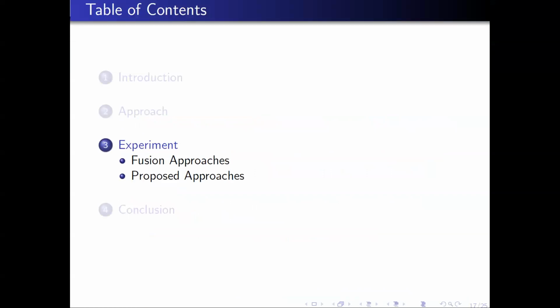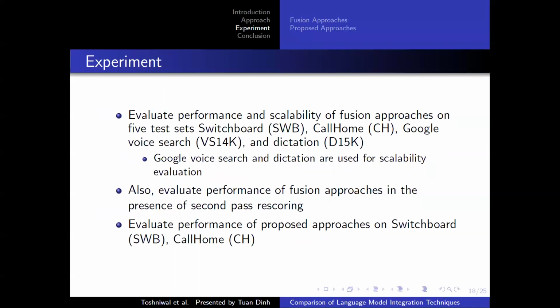In this section, we present results of the fusion approaches and the proposed approaches. The performance and scalability of the fusion approaches were evaluated on four test sets: Switchboard, CallHome, Google Voice Search, and dictation.